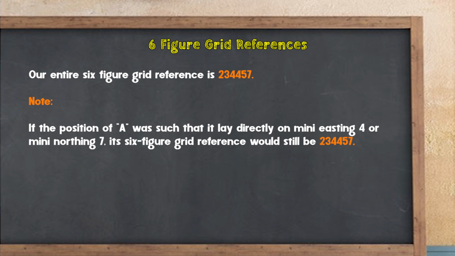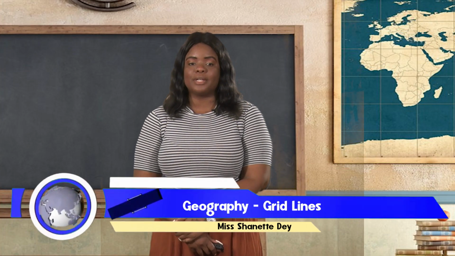Note, if the position of A was such that it lay directly on mini easting 4 or mini northing 7, its six-figure grid reference would still be 234457. The two steps shown need not be done separately.